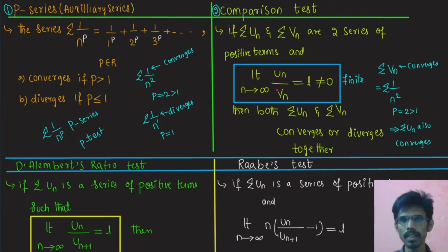So the steps are: first find the ratio un by vn and apply the limit. If that value is nonzero, then see whether vn is converging or diverging. Based on vn's convergence or divergence, we say un converges or diverges. That is the second test.